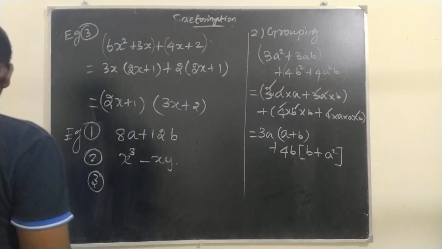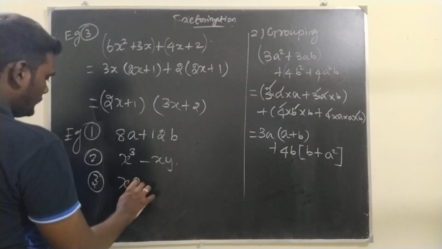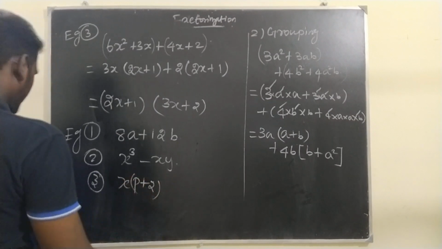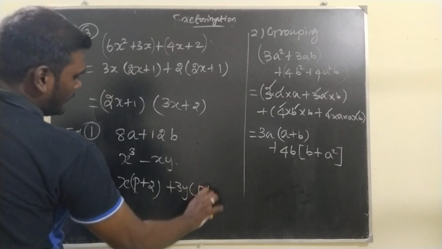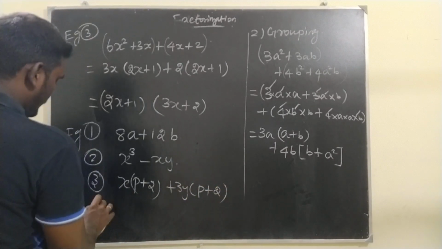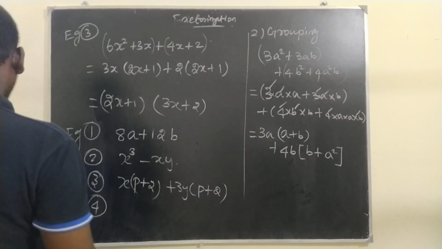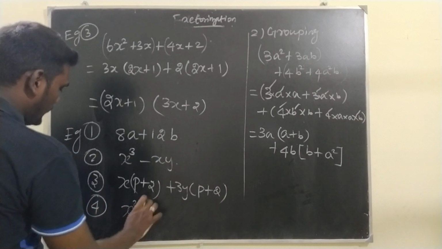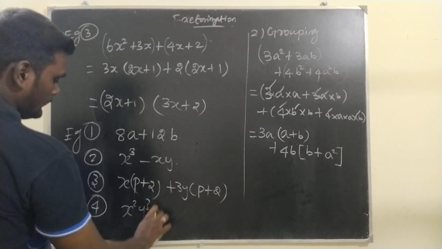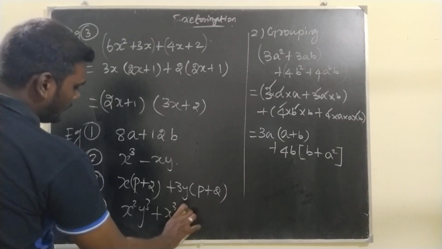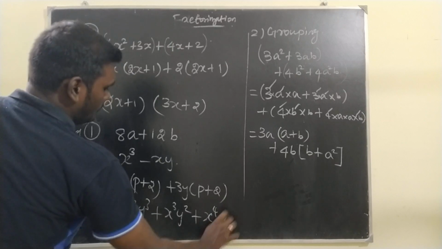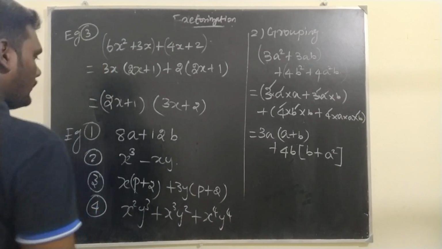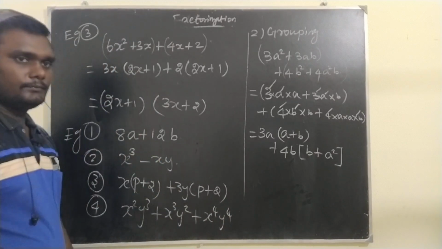Third one, x into p plus 2 plus 3y into p plus 2. The fourth one is x square y cube plus x cube y square plus x power 4 y power 4. We are going to factorize all these 4.